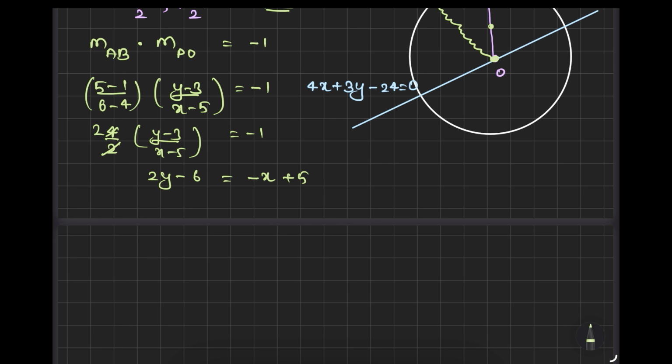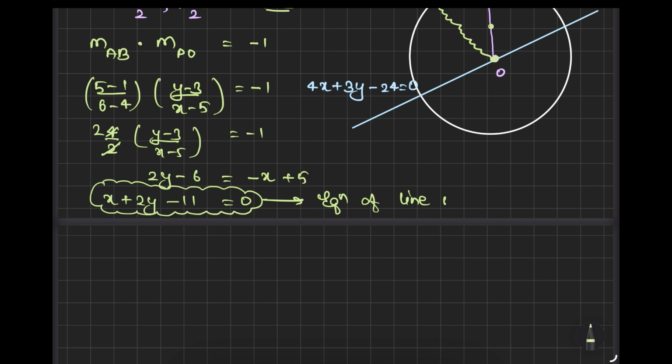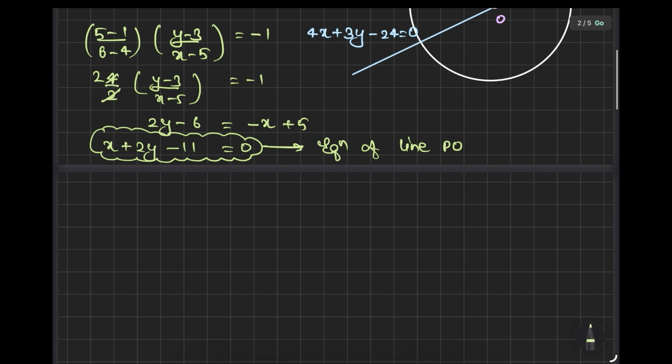Now everything on one side: x plus 2y minus 11 equals 0. This is the equation of line PO.